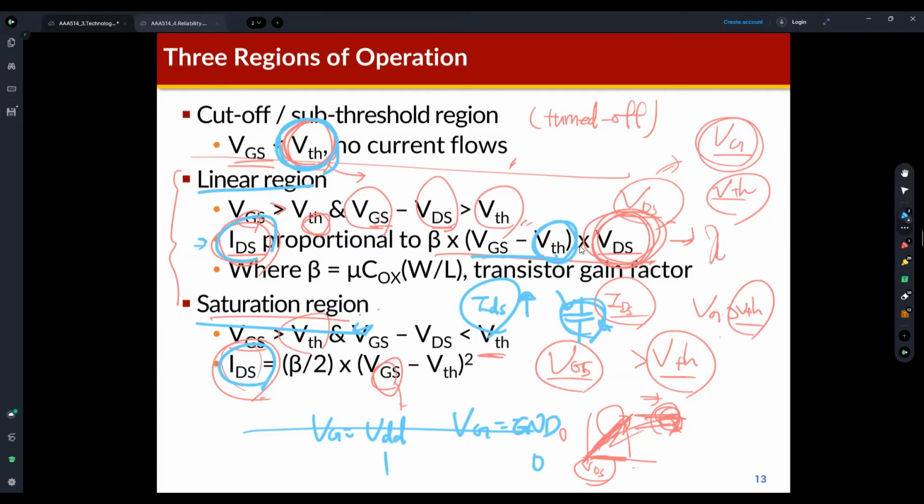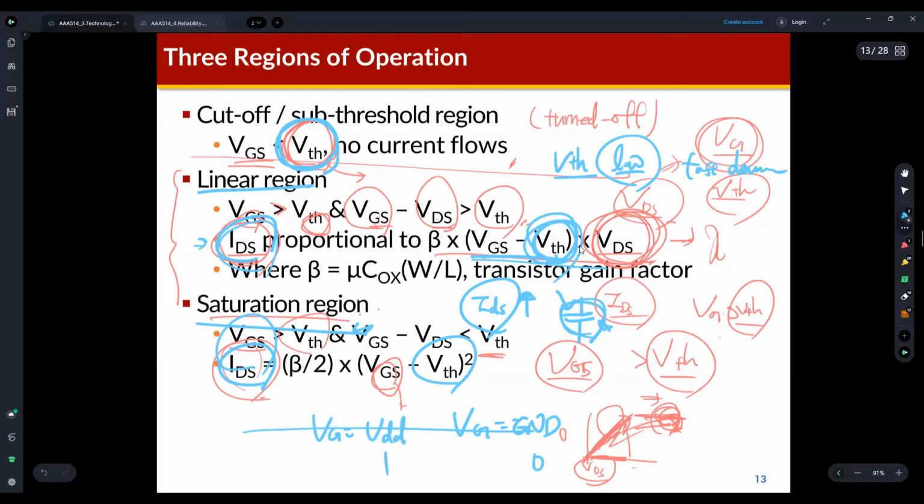So what does that mean? Actually the linear region is very short, so we focus on that. But we can observe that IDS is proportional to VGS minus VTH. So if VTH is low, then we can make a fast device. And if VTH is high, then we can make a slow device.